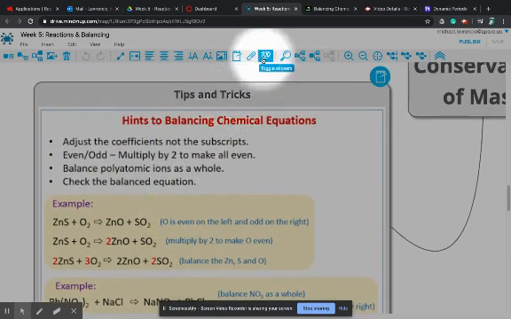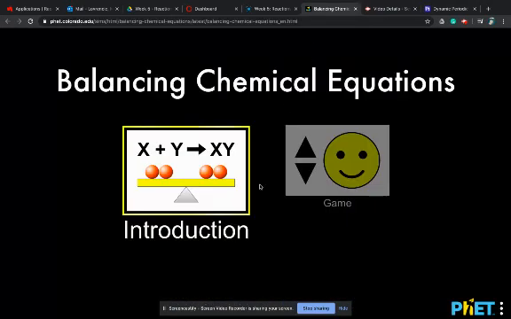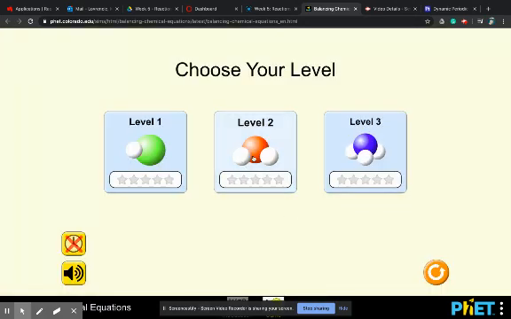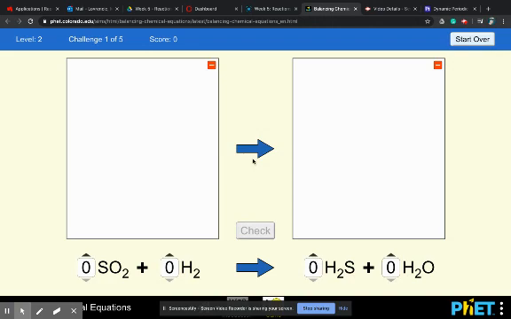Okay? Now, when you are actually going to balance, we need to remember that when we change those coefficients, those coefficients are representing particles. So if we have a coefficient of 1 in front of everything, that means we have 1 molecule of SO2, 1 molecule of H2, 1 molecule of H2S, and 1 molecule of H2O. Okay?